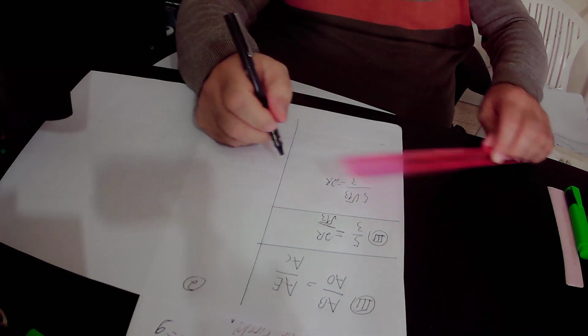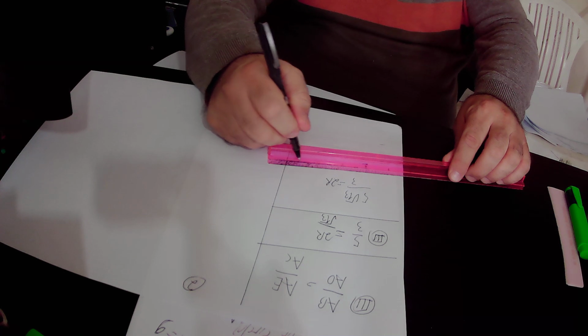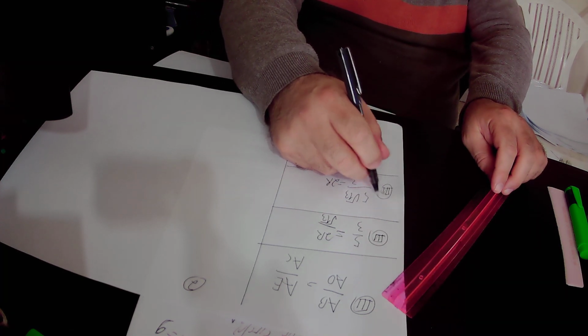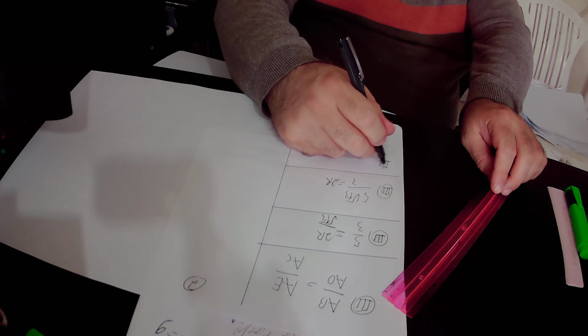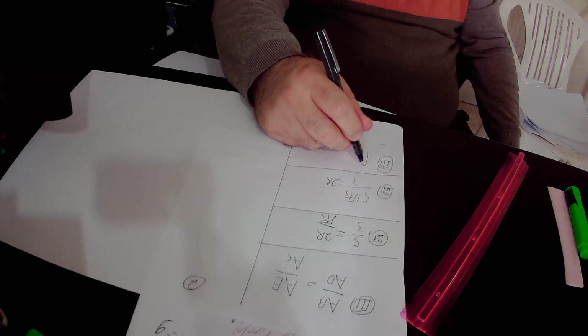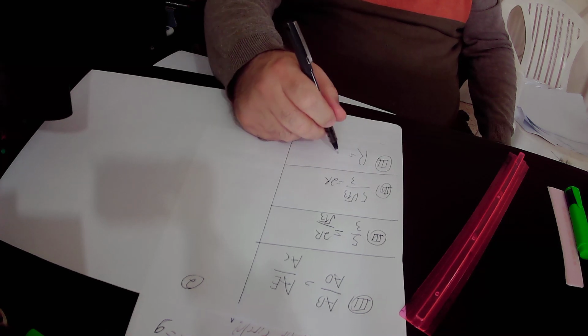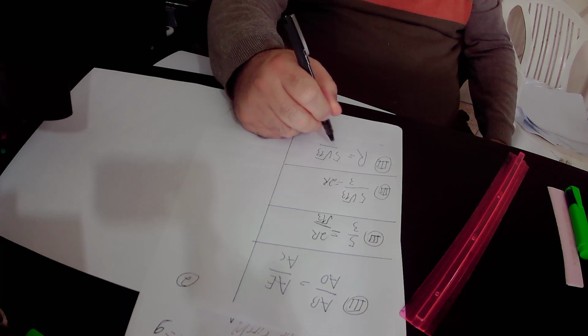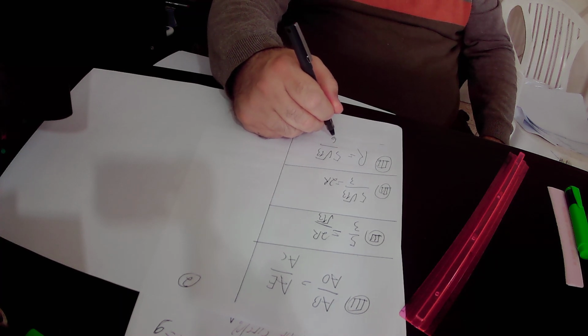Here we divide equation number 3 by 2, and we get that the radius of the circle that we are looking for is equal to 5 times square root of 13 over 2 times 3, which is 6.